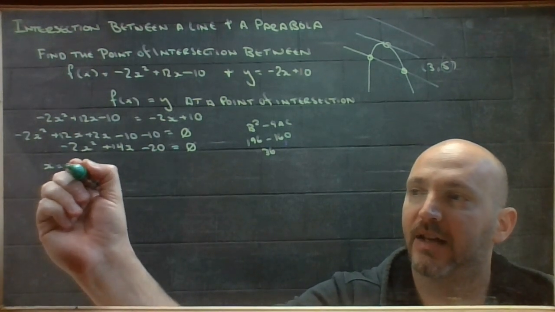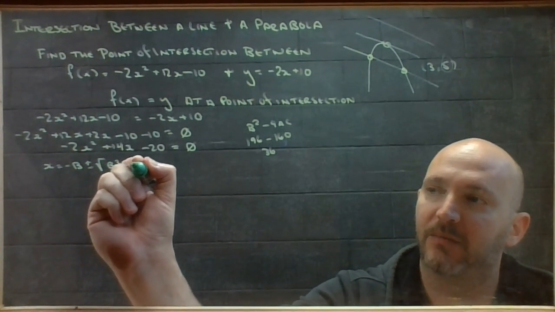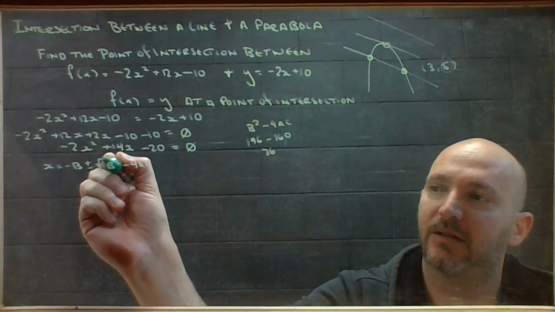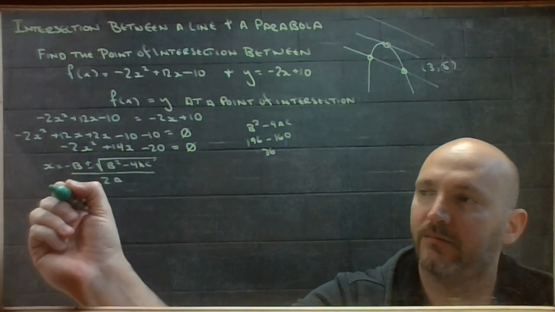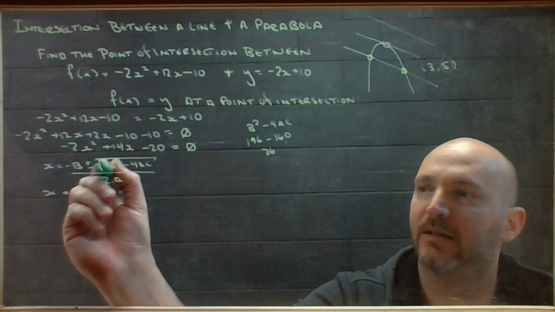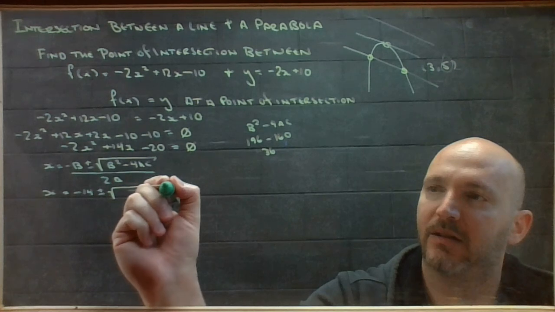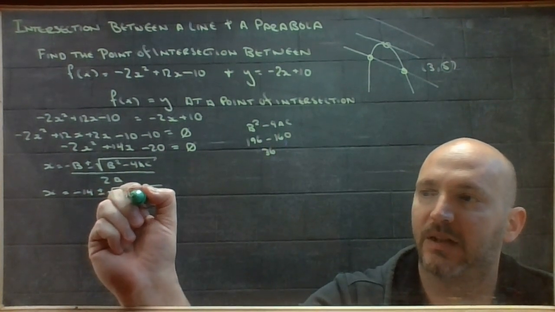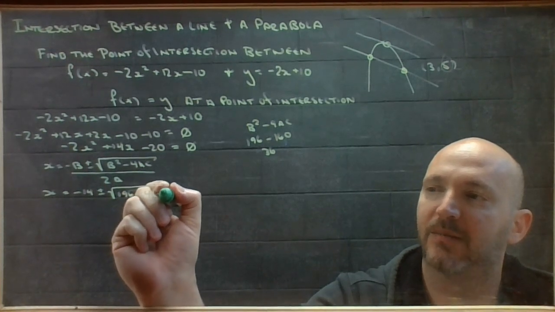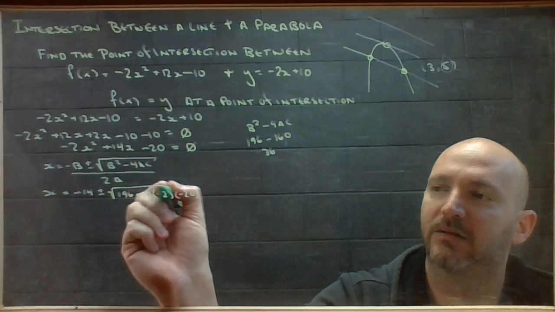x is negative b plus or minus b squared minus 4ac all in the square root. x is negative 14 plus or minus square root of this thing, 196 minus 4 times negative 2, negative 20.